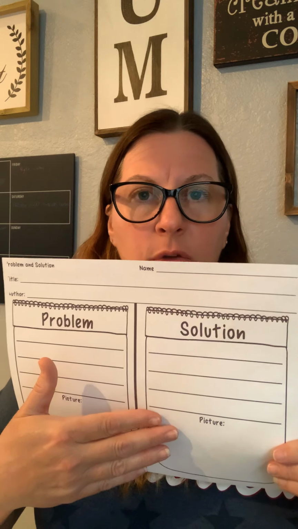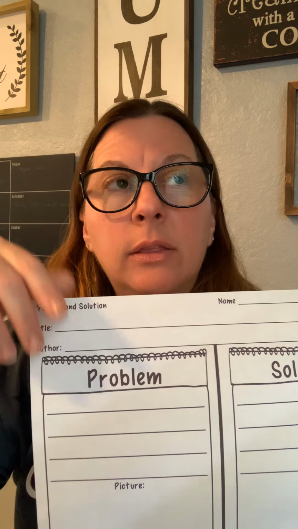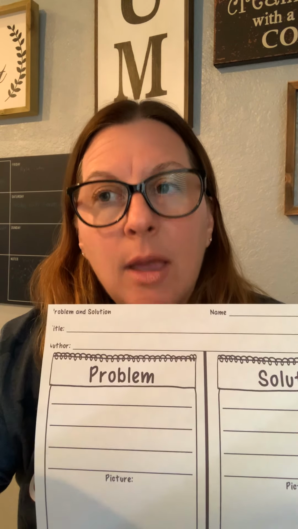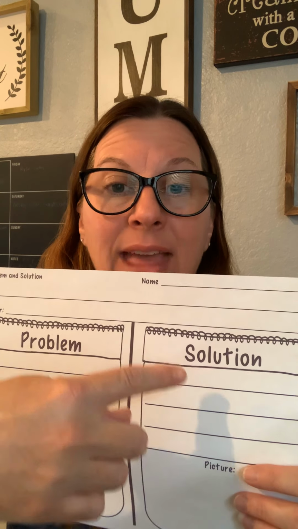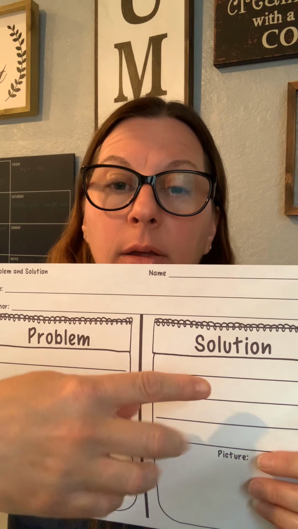Same thing with the solution. Now, in the story, there isn't always a problem in a story, but some stories do have a problem. And usually if there is a problem, then there's a solution towards the end of the story that helps us know how the problem was fixed.